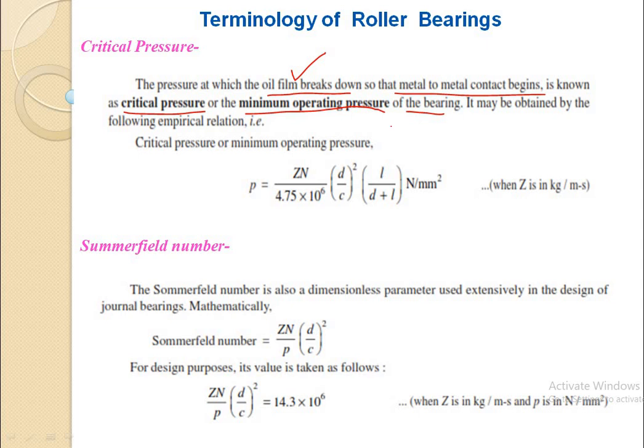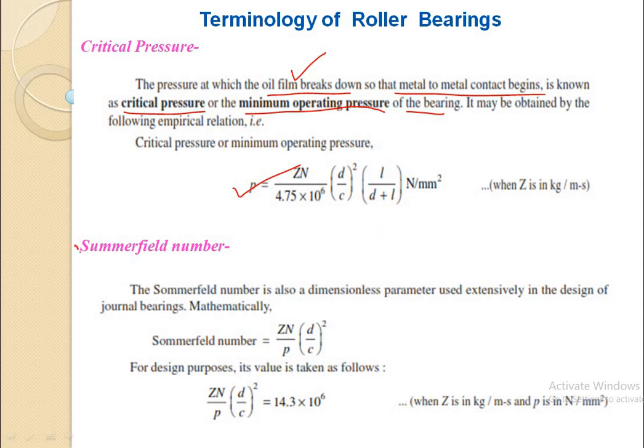In simple language, the pressure at which the oil film breaks and metal to metal contact begins is the critical pressure. Its value is given by this formula: critical pressure or minimum operating pressure.